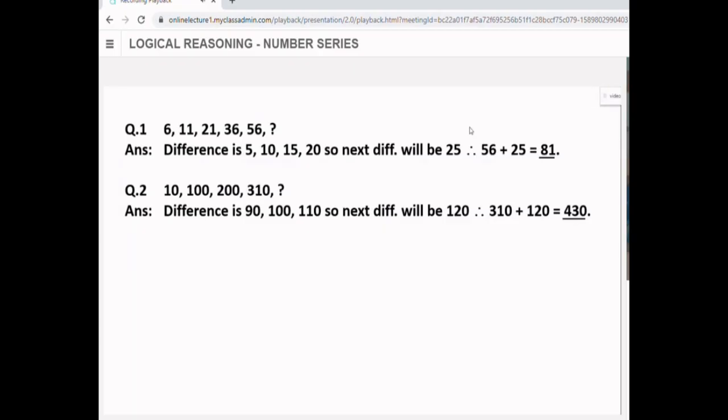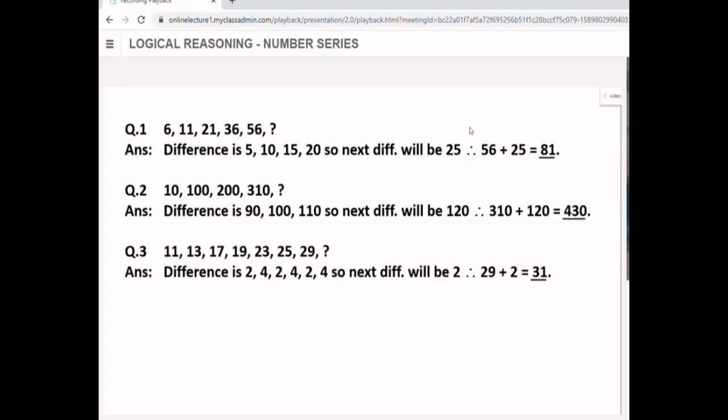Third question. Again, 15 seconds you have. Okay, here. The difference between 11 and 13 is 2. The difference between 13 and 17 is 4.